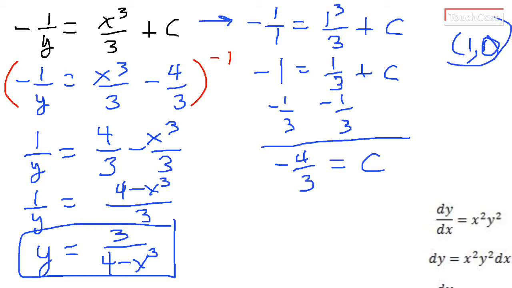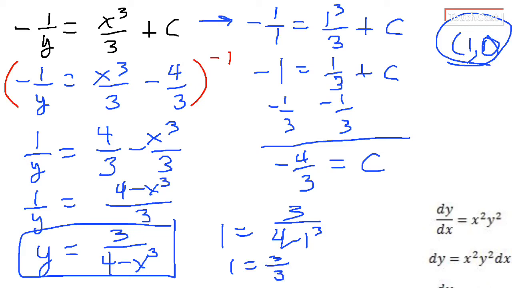You have to make 100% certain that (1, 1) is an ordered pair on this graph, because they told you that at the beginning. So I'm going to test that 1 should equal 3 over 4 minus 1 cubed. 4 minus 1 is in fact 3, and 3 divided by 3 is 1. So that's one way to check. It's not a foolproof check, but it at least lets you sometimes find an error.